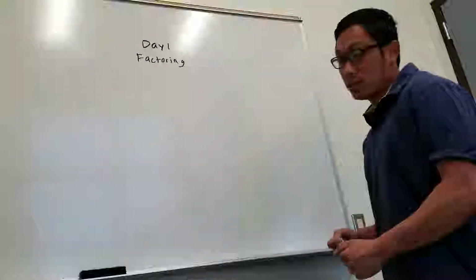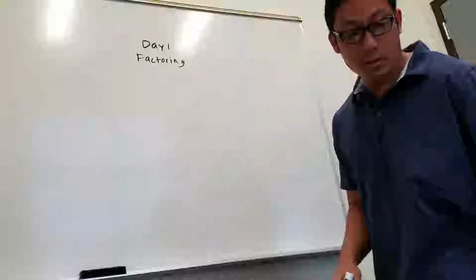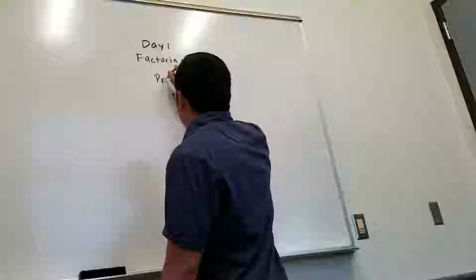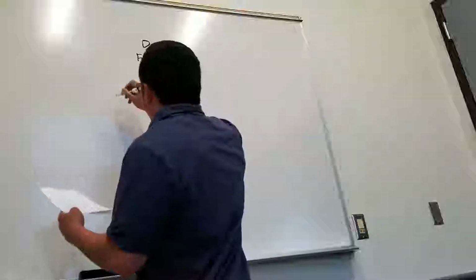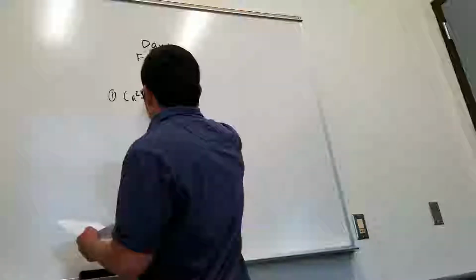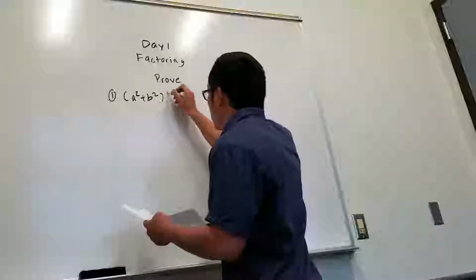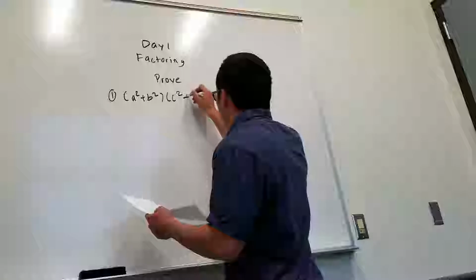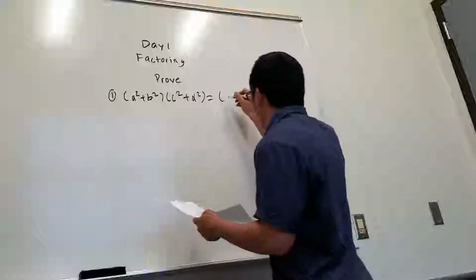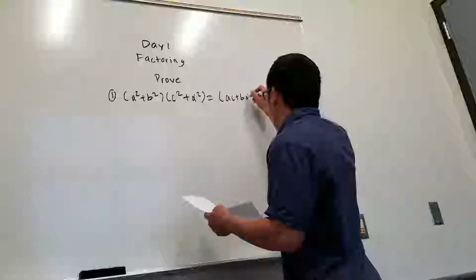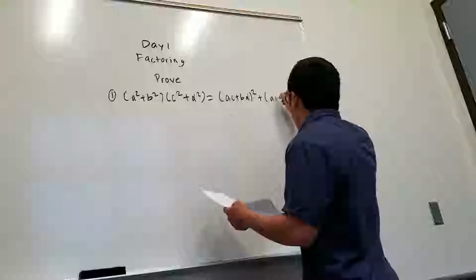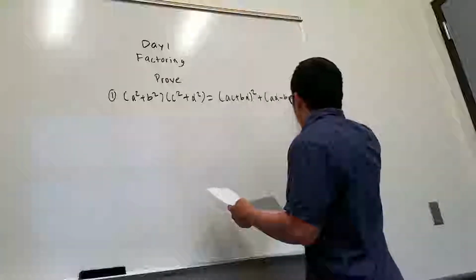So let's start. So we're going to prove number 1: a squared plus b squared times c squared plus d squared.